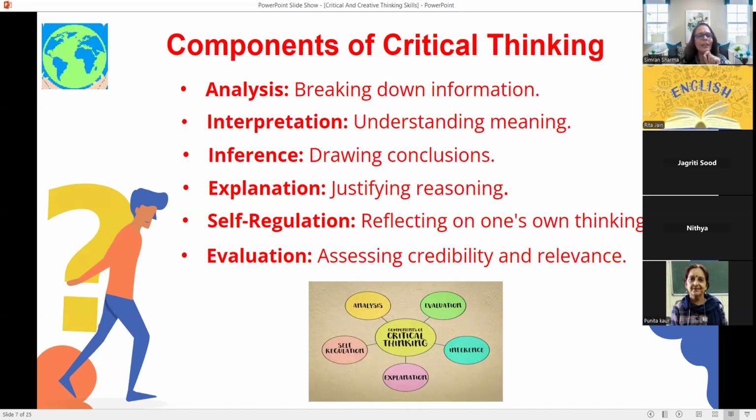It shouldn't be looked at from a limited angle. It should be broadly analyzed, and it should have scientific backing rather than your opinion. The last one is evaluation, which should be done on scientific evidence and credibility, and should be relevant.